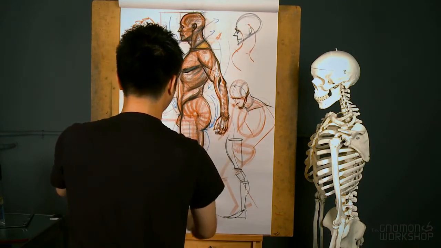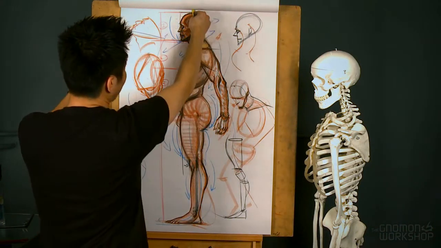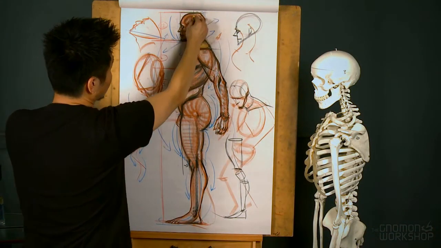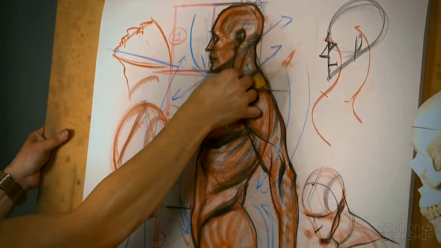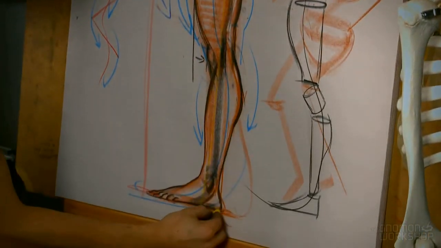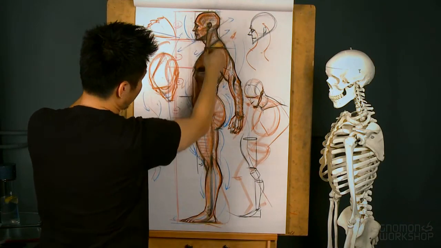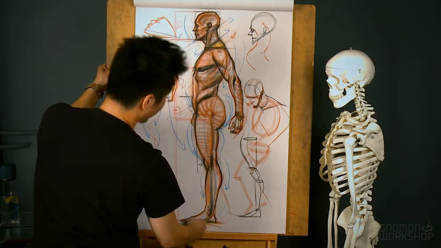And then again, keep in mind how this all lines out right in the middle of the foot, center of the head all the way to the middle of the foot.